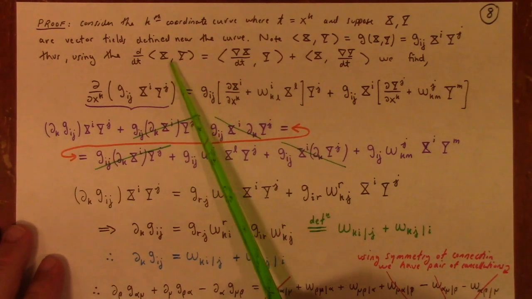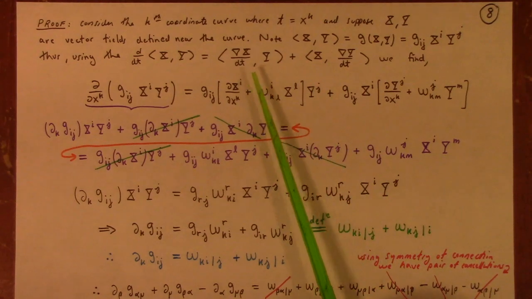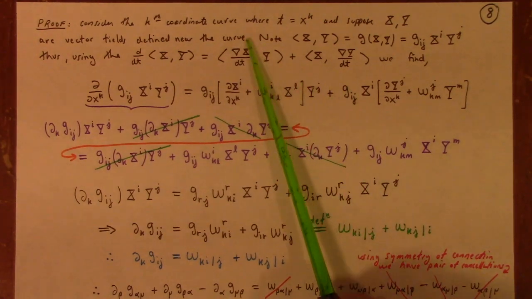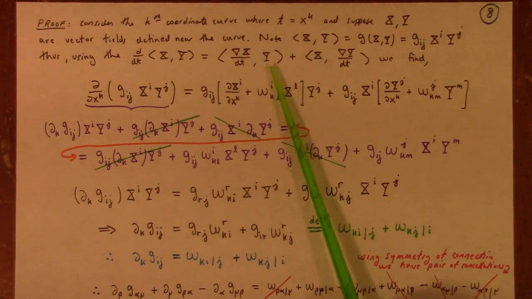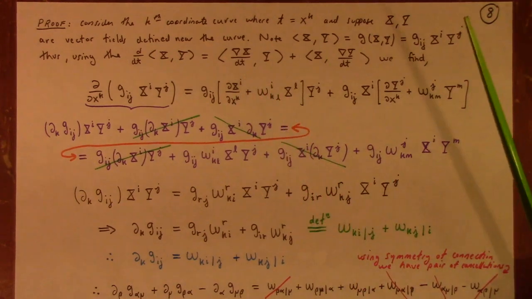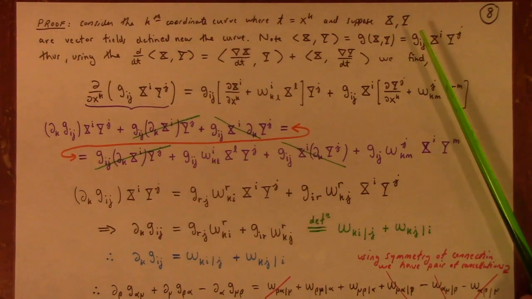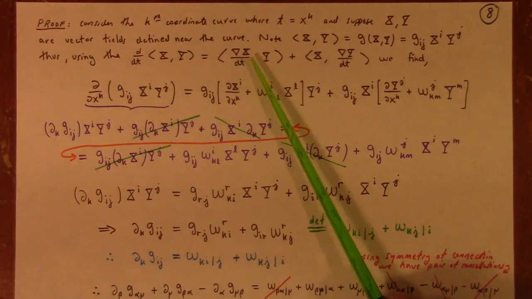And we're assuming that we have this condition on the connection, because remember the covariant derivative here. This is the covariant derivative, the derivative along the curve with respect to the connection.